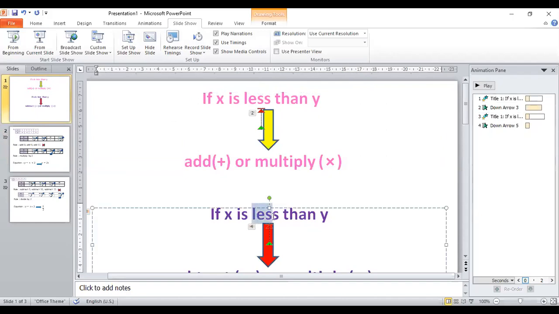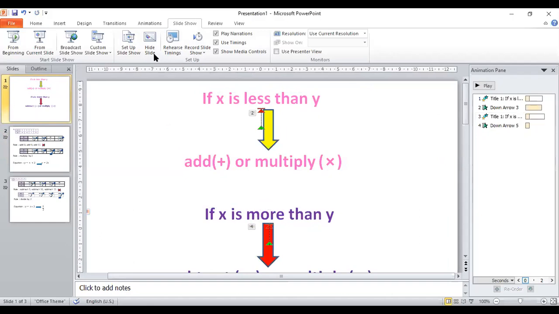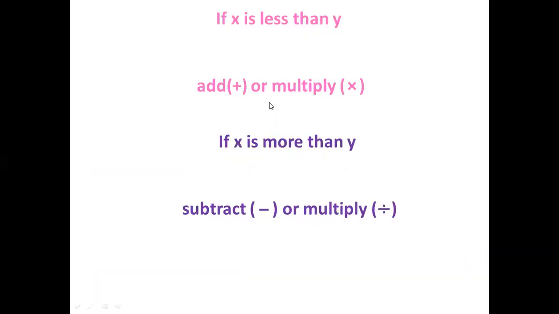All you need to do is, the equation you are going to write is going to be add or multiply.